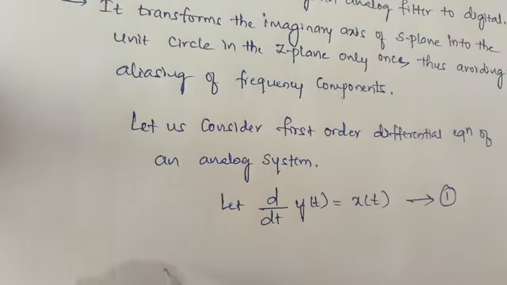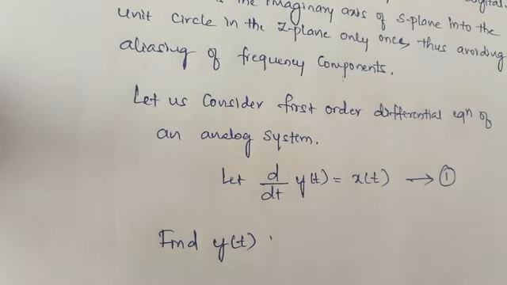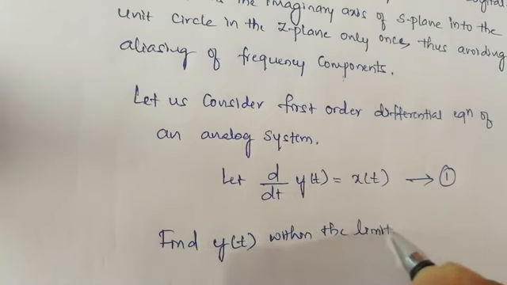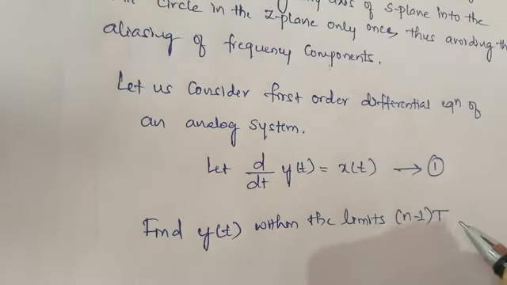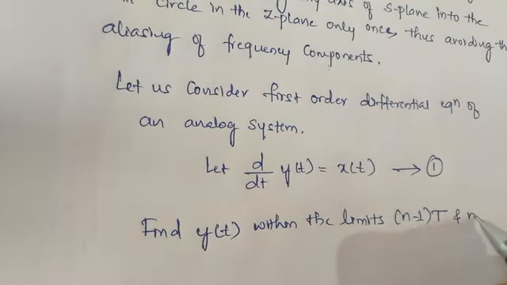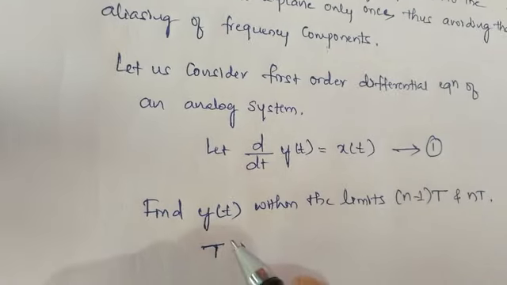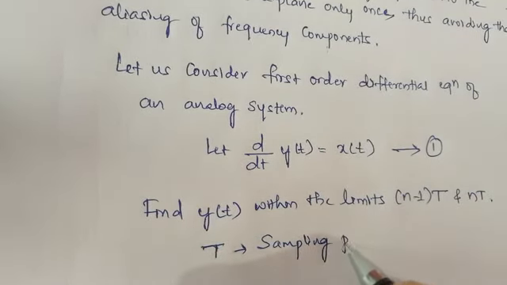Let us find y of t within the limits n minus 1 T and nT, where capital T is the sampling period.